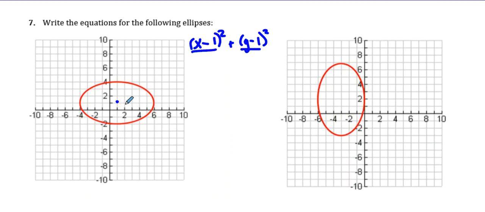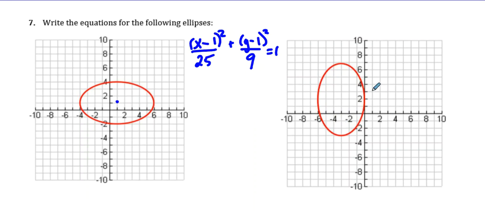Alright, in the x direction, I'm going 5 from the center, so 5 squared is 25. In the y direction, I'm going 3 from the center, 3 squared is 9, and then you need an equals 1. Alright, this would be a good place to pause and try this last one on your own.